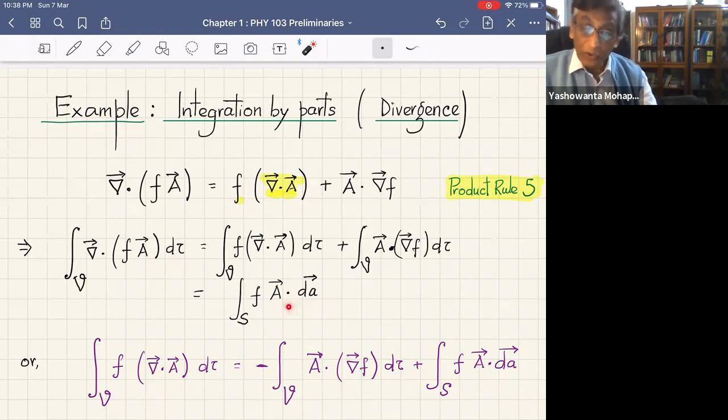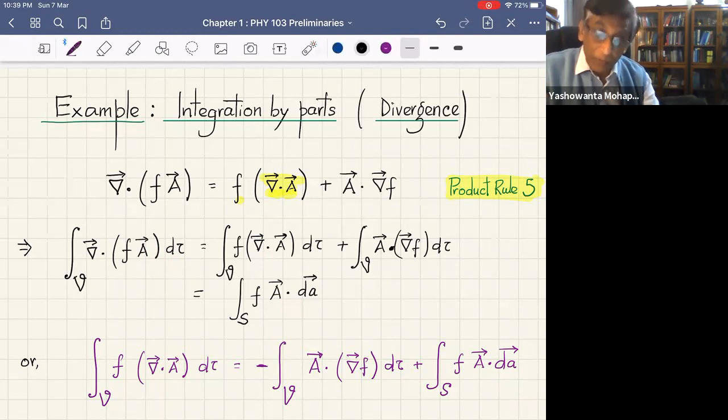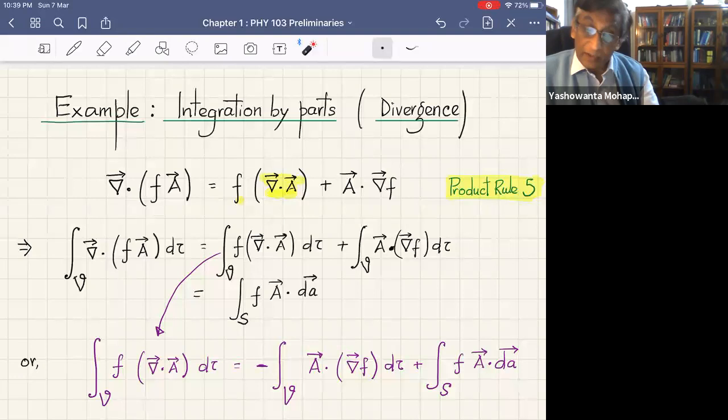So if I want to calculate this quantity, I am bringing it over from here to here. This is the total quantity over the surface, fa dot dA, and minus of this quantity, a dot grad f.